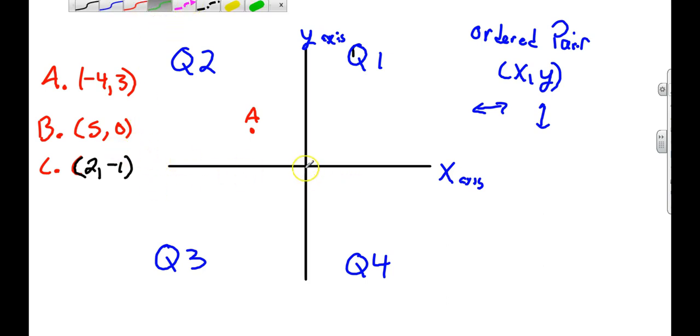So 5 on the x-axis goes 5 this way to the right. 0 means we don't go any up or down, so once you move 5 over, there's point B, so that one would be on the x-axis. And then 2, -1: 2 to the right, 1 down, so that would put you right here, point C, and again that would be in quadrant 4.